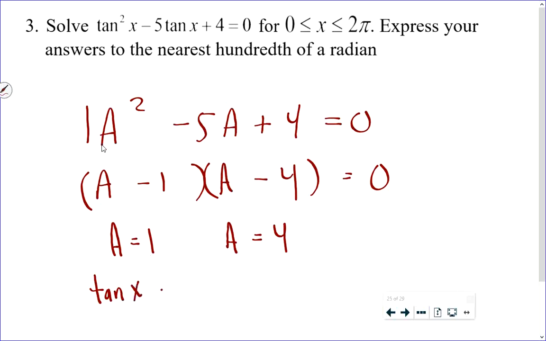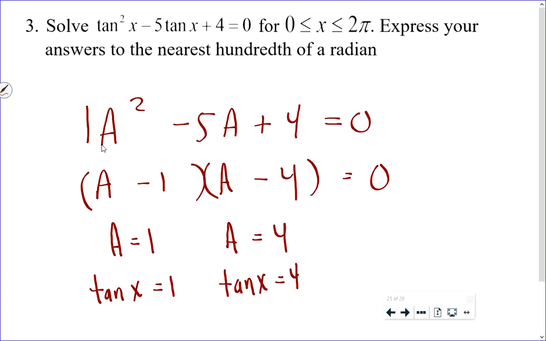Tangent of the rotation angle equals 1. Again, the x here is what you often see in your trig equations, but it's not x on the unit circle. It's actually a theta. And tan of x equals 4. Both of these have positive tangents.